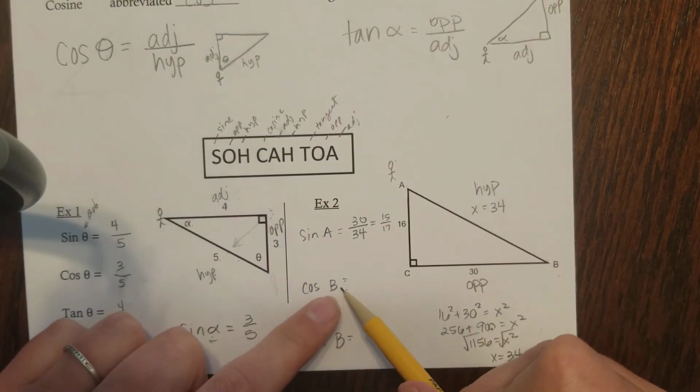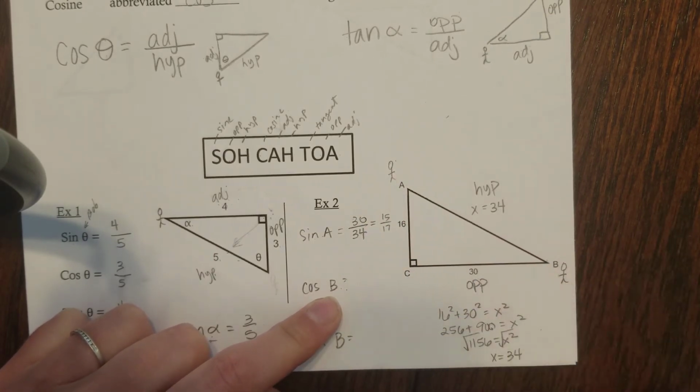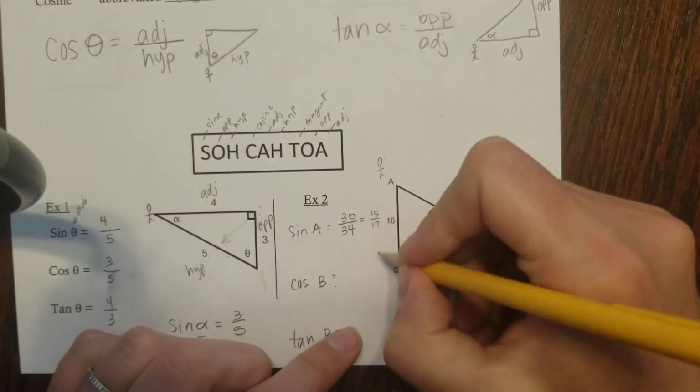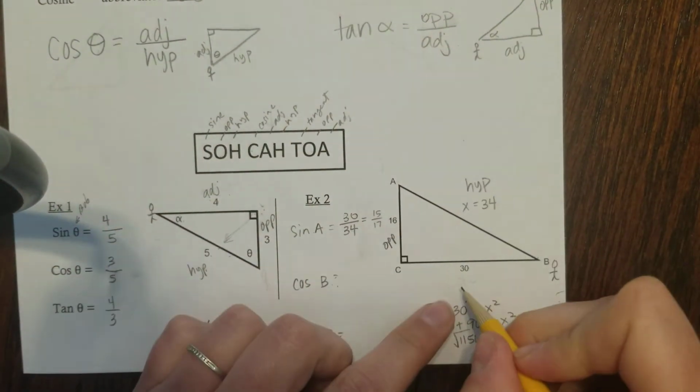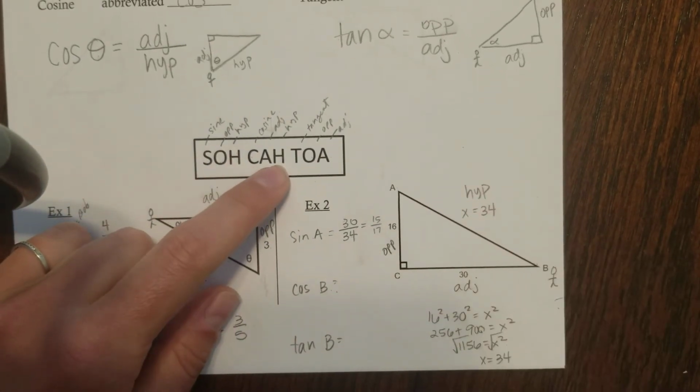All right, what if we do cosine of B? Well, Bob has to move to B, right? Will anything else change? Well, the opposite side would move. Now it would be 16. And the 30 becomes my adjacent side. So cosine is adjacent over hypotenuse.